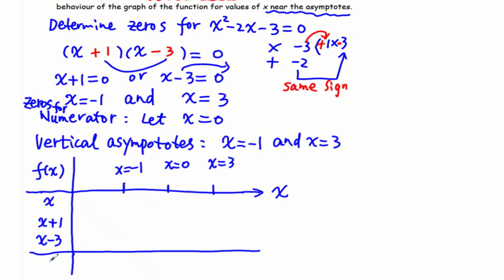Once we have the negatives and positives, we are able to find whether f of x is negative or positive, and so know around the vertical asymptotes or around the zeros where the function is positive or negative.